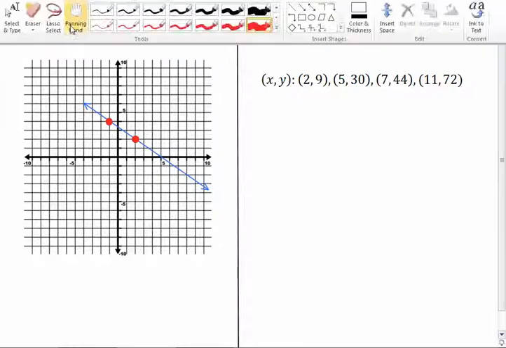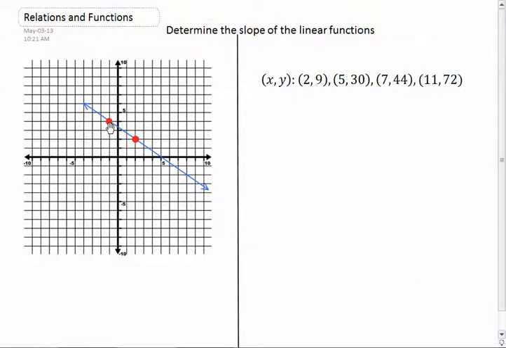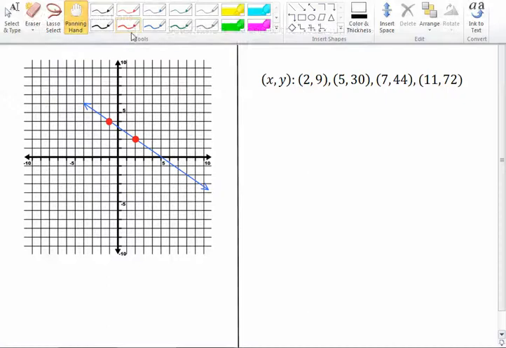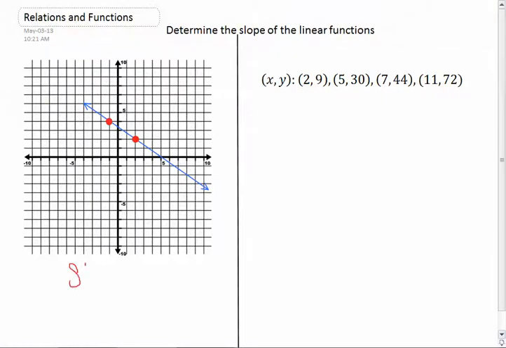Let's say I'm starting here. Do I have to go down or up to meet this one? Down. Down by how many? 2. So my slope is going to start with a negative 2, and it's going to be over something. Here, 1, 2, 3. So it's over positive 3.